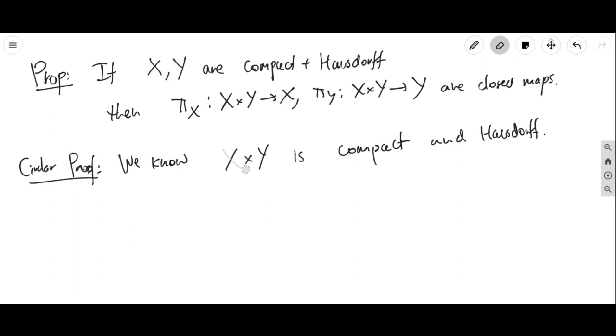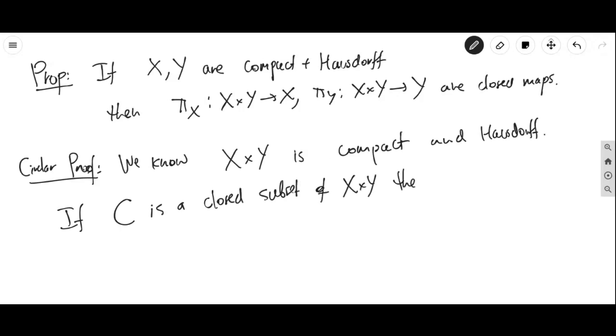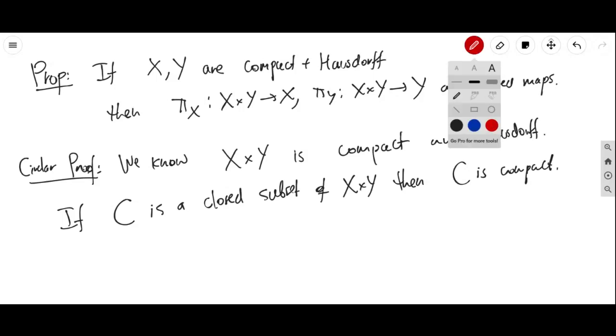So if you're willing to accept that the product is Hausdorff, then that the product is compact, here's the way the proof goes. If C is a closed subset of X times Y, then C is compact, because a closed subset of a compact space is compact.